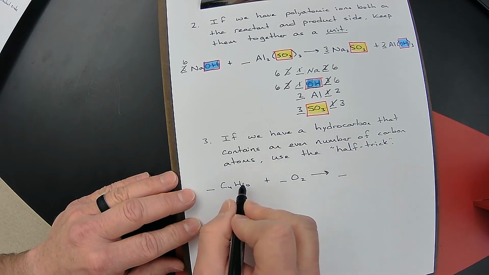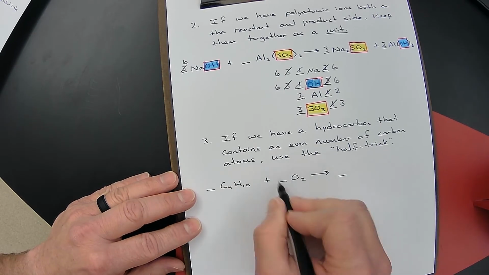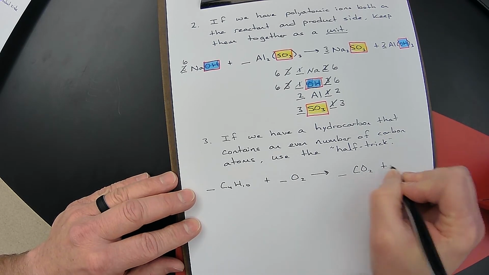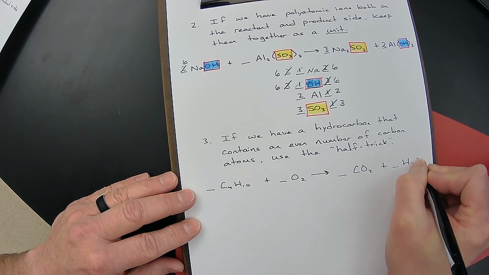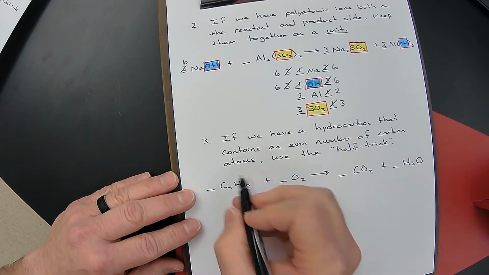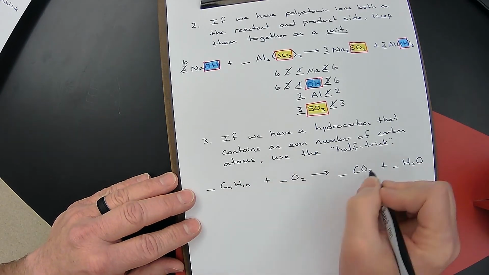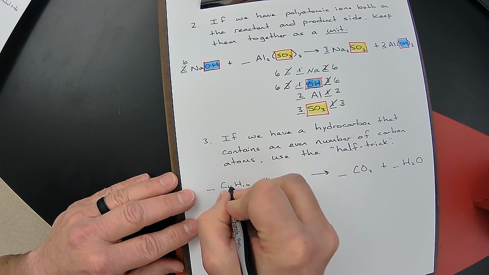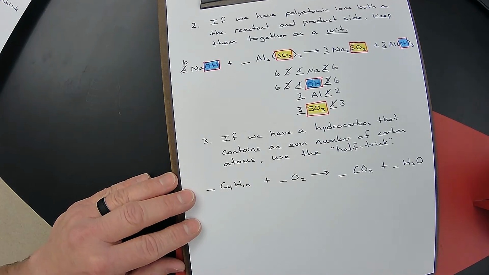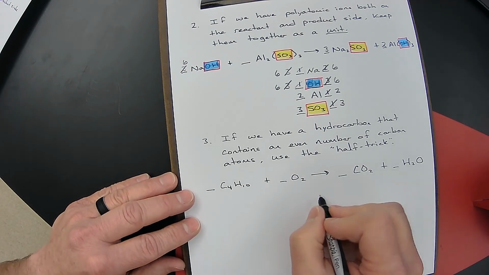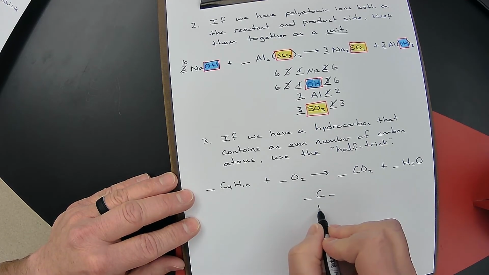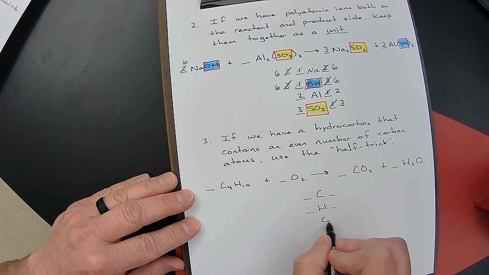And the pattern is always some hydrocarbon reacting with oxygen, producing carbon dioxide and water. A very common reaction where the oxygen, carbon dioxide, and water are the same each time, and the hydrocarbon is different. When we do the atom inventory, we're going to put C, we're going to put H, we're going to put O for the atom inventory.